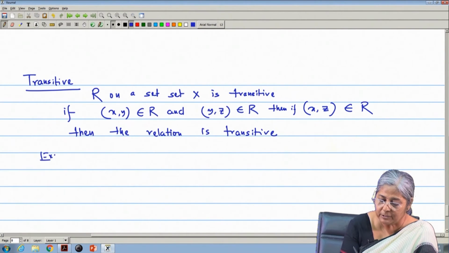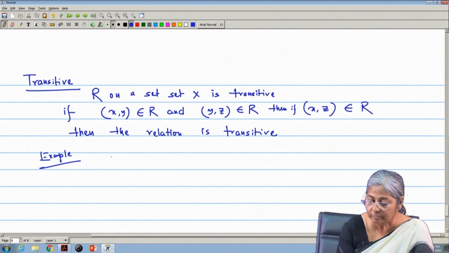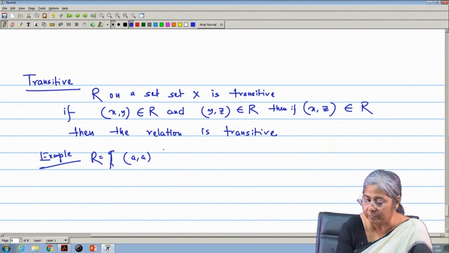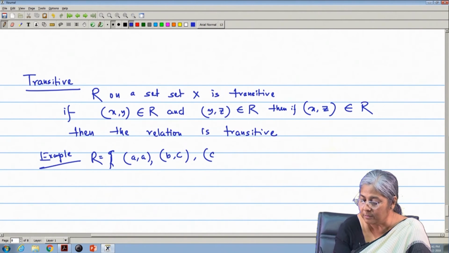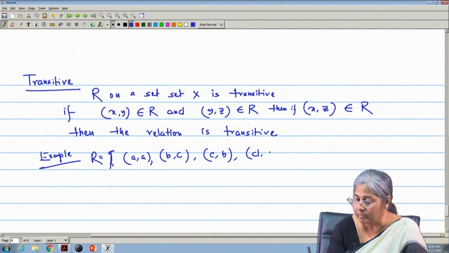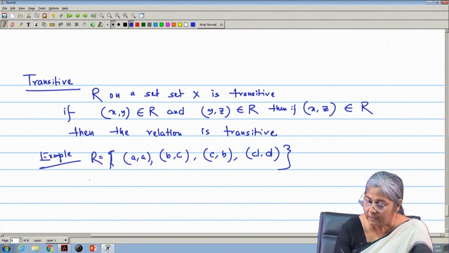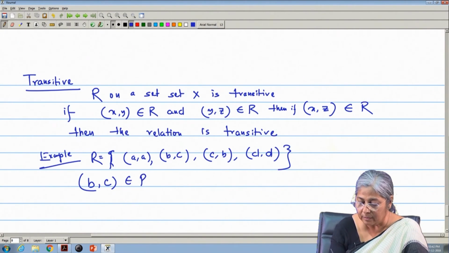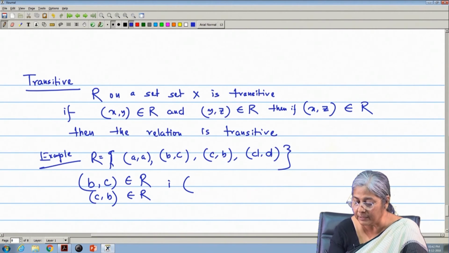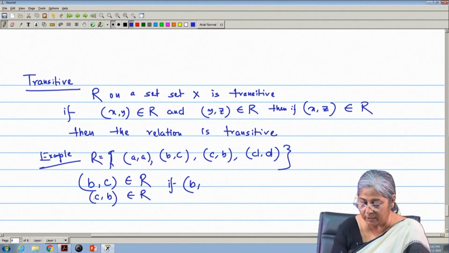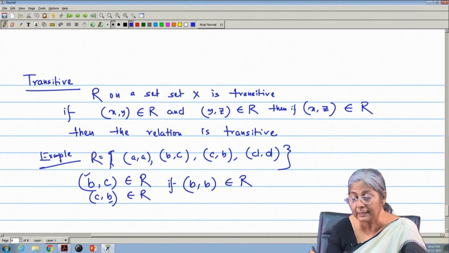So, that same simple relation, if we consider R: A, B C, C B, D D. So, B C belongs to R, C B belongs to R, then B B, because x y, y z, then x z, that means here it is B B. So, B B must belong to R, then it would be transitive.